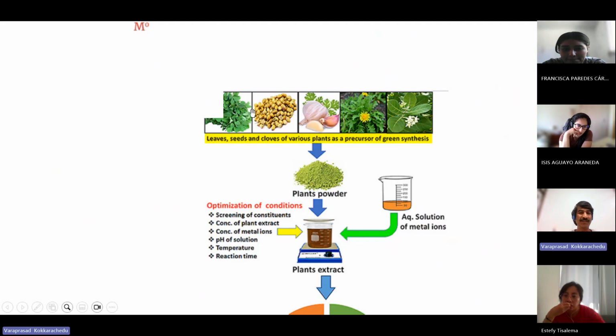Suppose these plants are not available all year. Some fruits come in certain seasons, some plants grow sometimes, some flowers come sometimes, right? So they bring them, dry them, and after drying, they make powder.